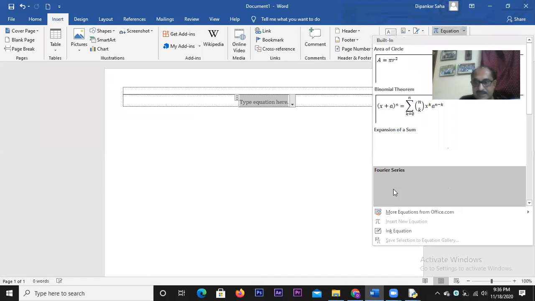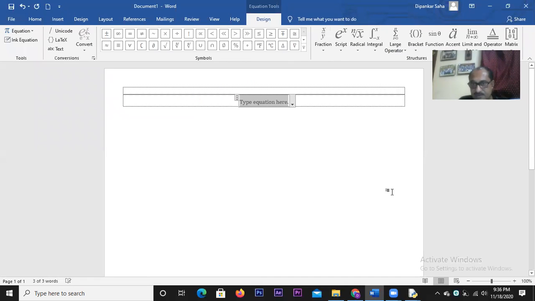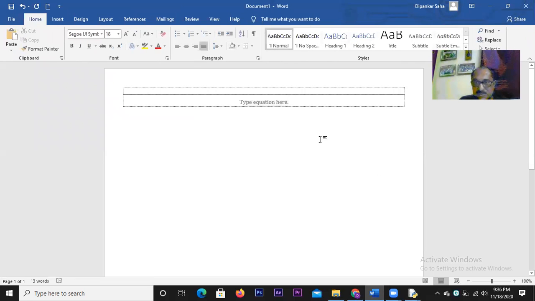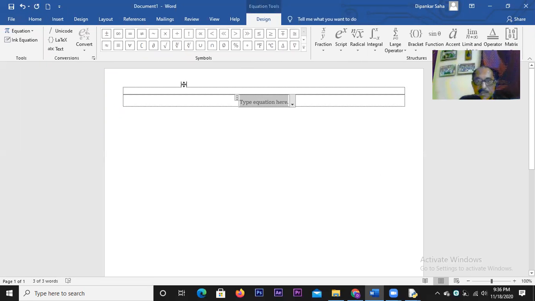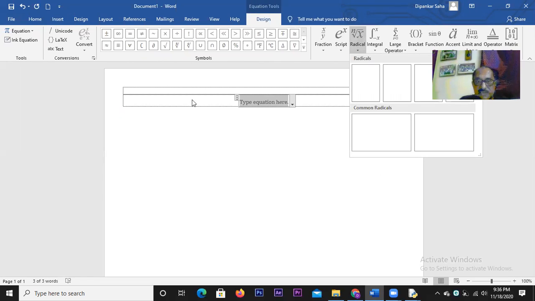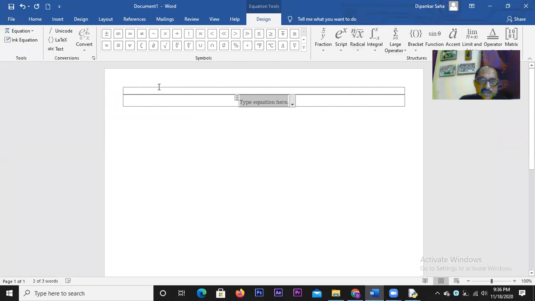I wanted to write the formula here, but somehow it has opened, it's running pretty slow. What is the formula? If there are 2 points, the point is represented by its x coordinate, y coordinate, and z coordinate. So if I say any point P1, that point is represented by three dimensions: x coordinate, y coordinate, and z coordinate.